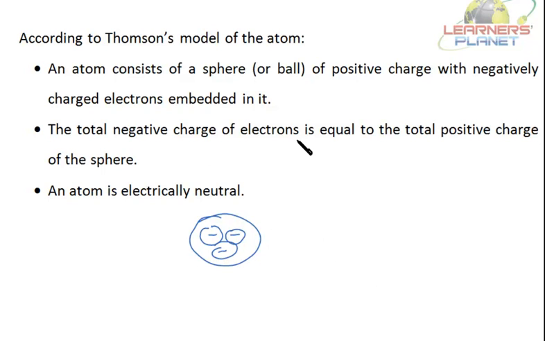The total negative charge of the electrons is equal to the total positive charge of the sphere. Why so? If it's not like that, the atom won't be neutral and stable. So the total negative charge is equal to the total positive charge. That is why an atom is electrically neutral.